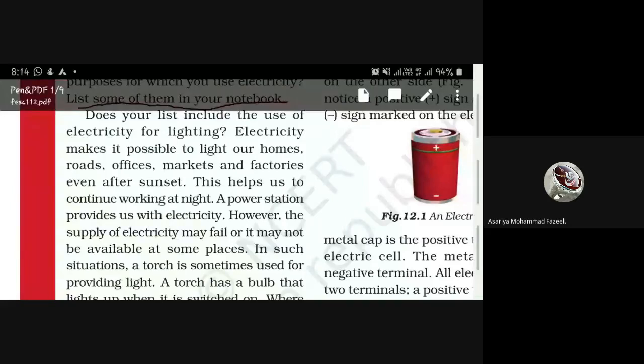Now, who will read? Yes, Fazil, start. Continue. Does your list include the use of electricity for lighting? Electricity makes it possible to light our homes, roads, offices, markets, or factories even after sunset.